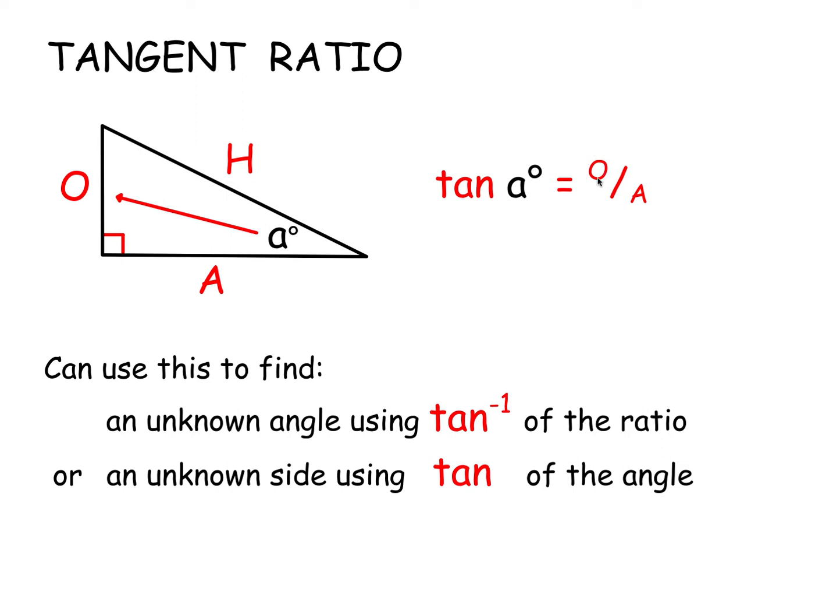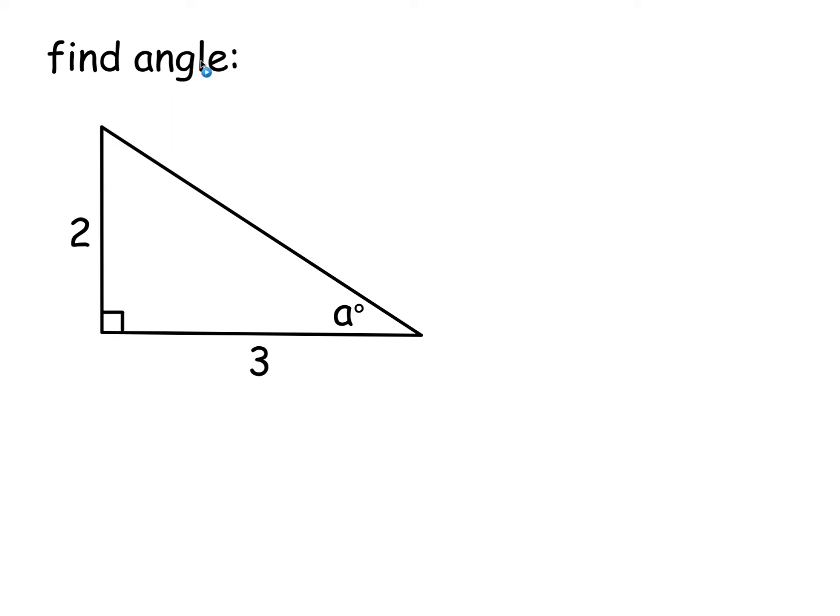If it's the opposite side you're trying to find, then you get the tangent of the angle, which tells you the ratio, and then you solve the equation to get the opposite side. Third case was if you're trying to find the adjacent side. So you're told the angle, you have to find the adjacent side, you tangent the angle to find out the value of the ratio, and you solve the equation to get the A in the bottom, the adjacent. So three kinds of example. Here they were from the last video.